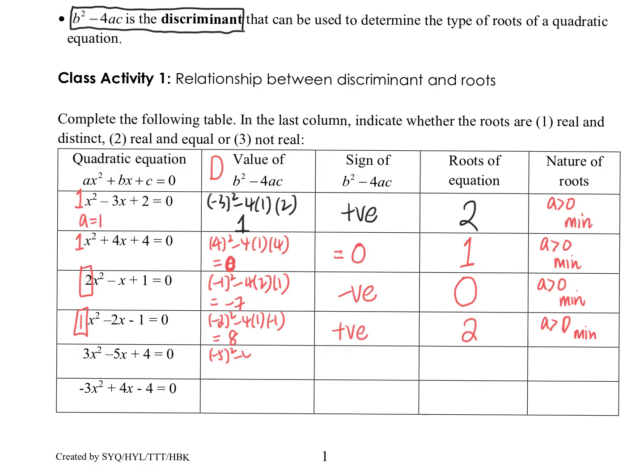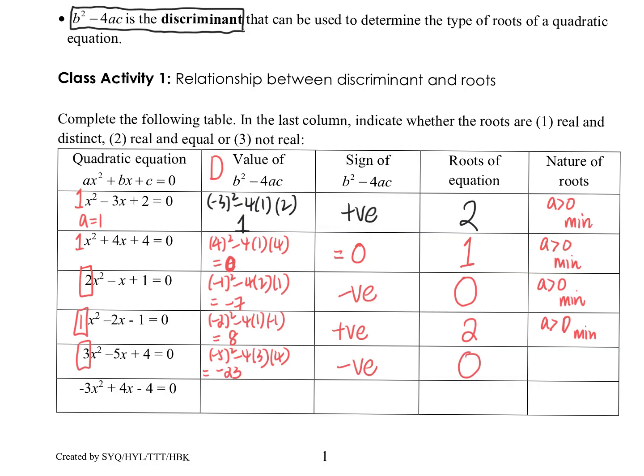Okay, b square minus 4ac. 25 minus 48. What should it be? What's 25 minus 48? Negative 23. Okay. Negative. No real roots.